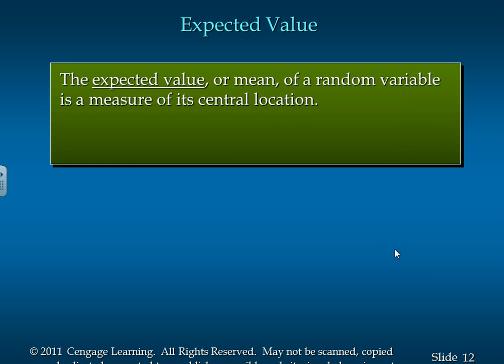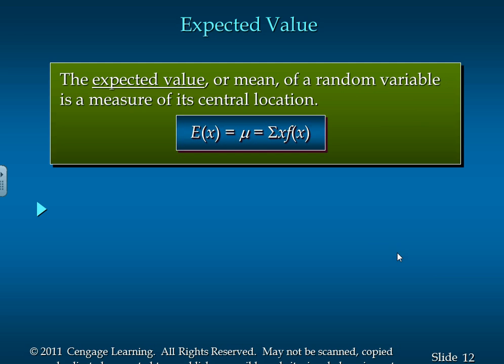The expected value, mean value, of a random variable is a measure of its central location. So I'm going to figure out what the mean value is by taking the summation of the values that I've got times the probability of getting the value.